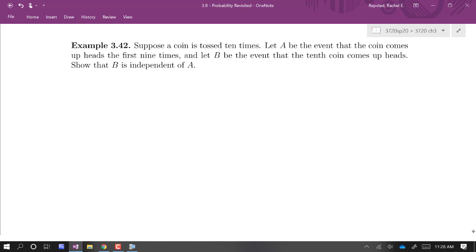Coins do not have memory, right? The coin doesn't remember whether or not the first tosses came up heads or not. So our intuition tells us that they should be independent. We're going to show it.